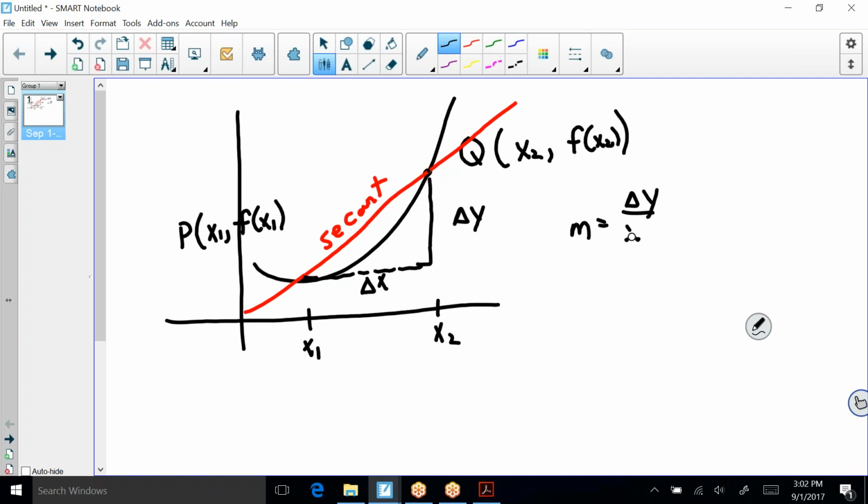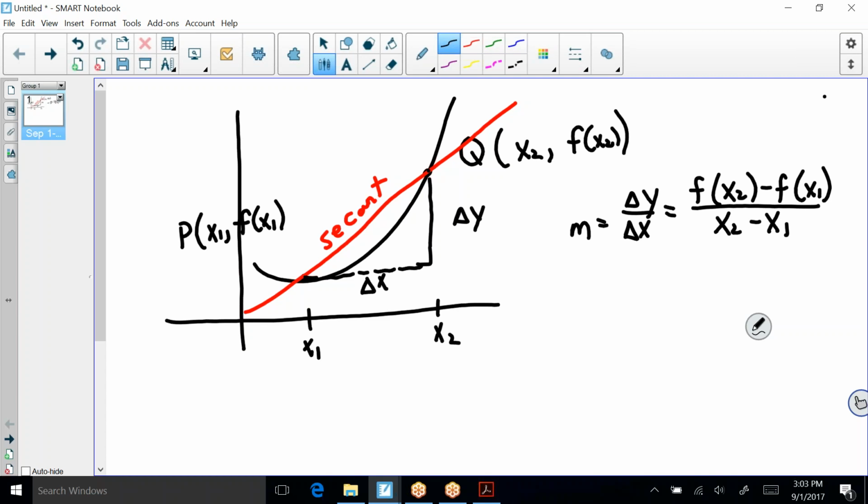Okay, so let me write this as delta x. And then looking at the picture, we can see the delta y as the change of the y values from each of those points. So we can write the change of the y values as f of x sub 2 minus f of x sub 1. And then looking at the delta x on our picture, that's going to be the difference in the x values from the picture. So that's going to be x sub 2 minus x sub 1. So that's where that formula comes from.